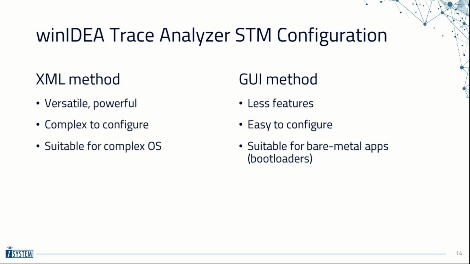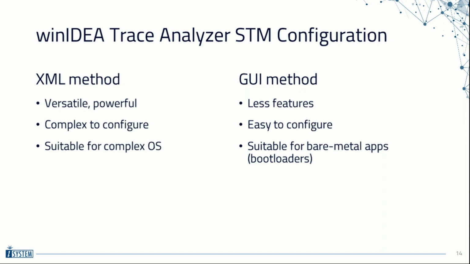One is by writing an XML file that enables some really powerful and complex configuration options, but is also quite complicated to write. And another way is by using a quick and simple menu in our graphical interface, which is quite a bit more limited in terms of configuration options, but it contains just enough functionality that it covers this use case of bootloader instrumentation perfectly.